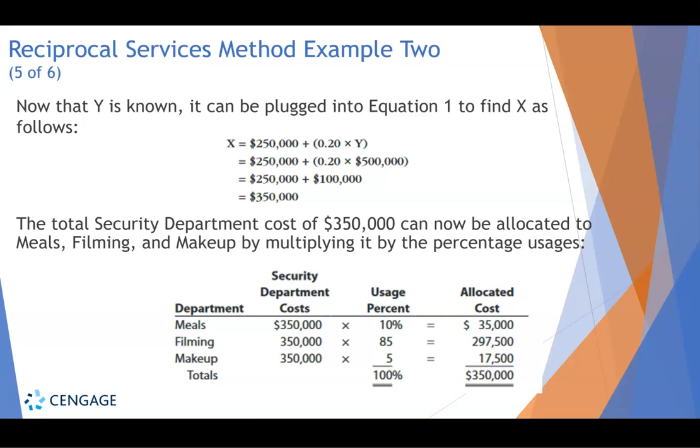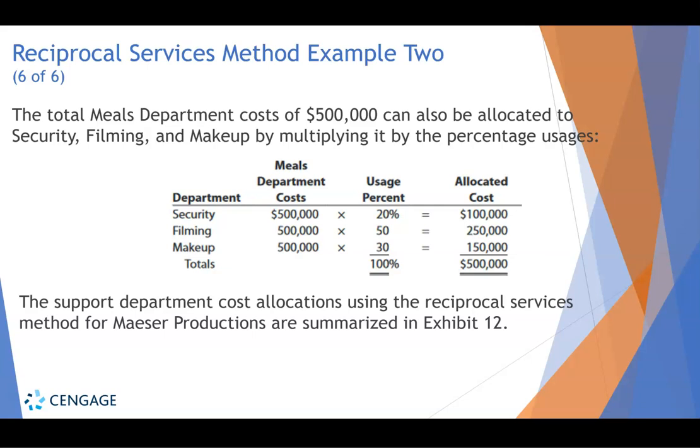So we can allocate the security department to meals, filming, and makeup. The total meals department of 500,000 can be allocated to the various departments, the security, filming, and makeup.